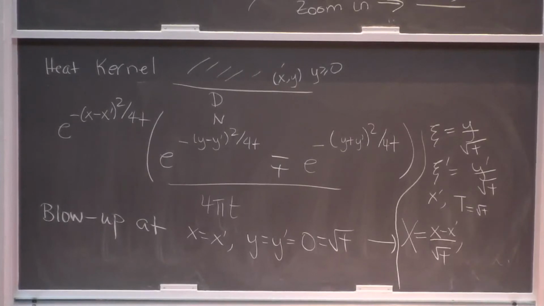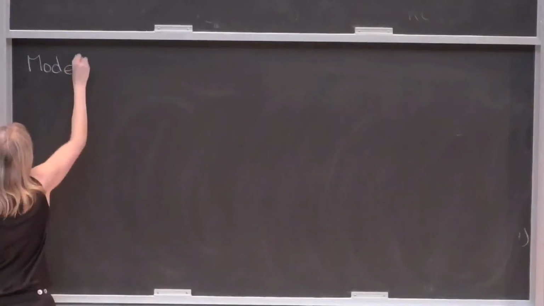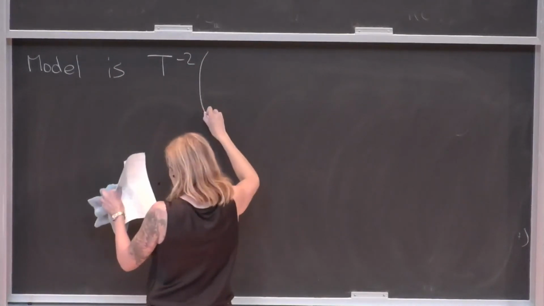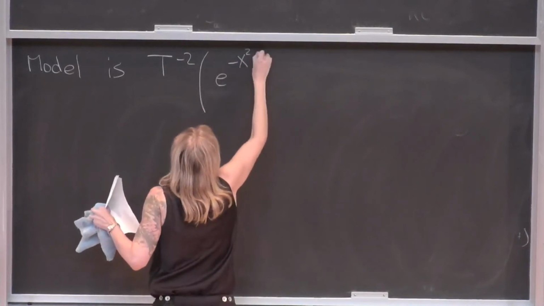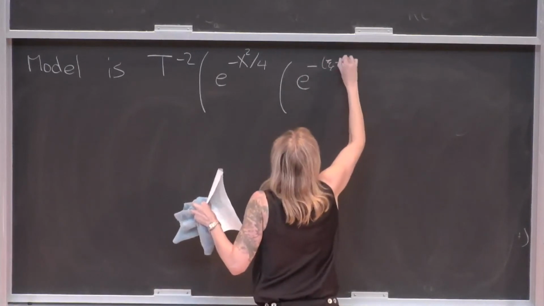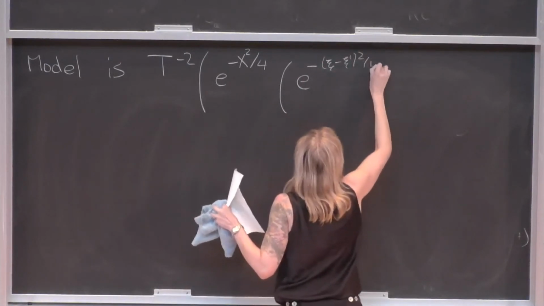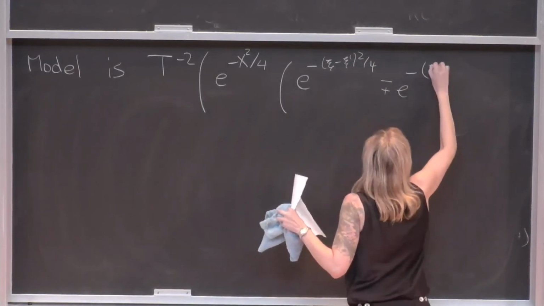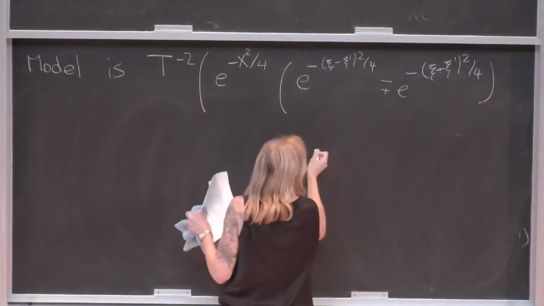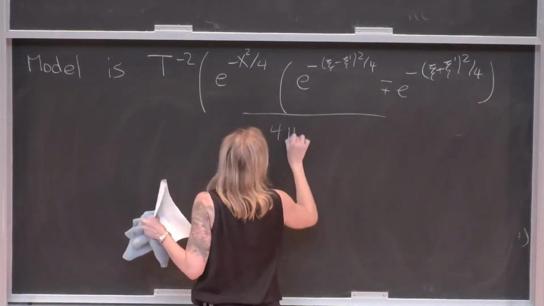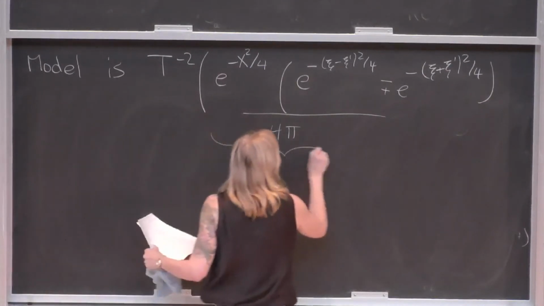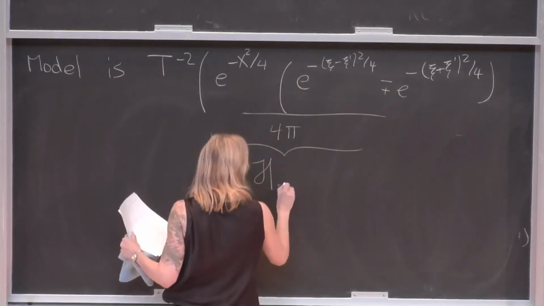Okay? And so my model is now big T to the minus 2, e to the minus capital X squared on 4, e to the minus (Y minus Y prime) squared on 4, minus plus e to the minus, add them. And then there's like a 4 pi. Right. Okay, so this is what I would call squiggly H, sf, comma 0.